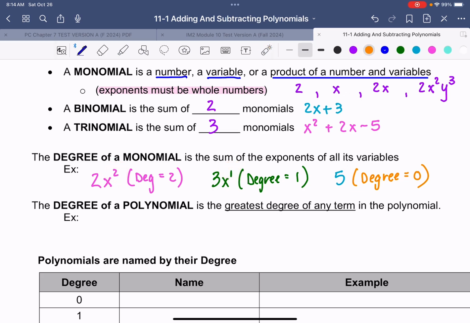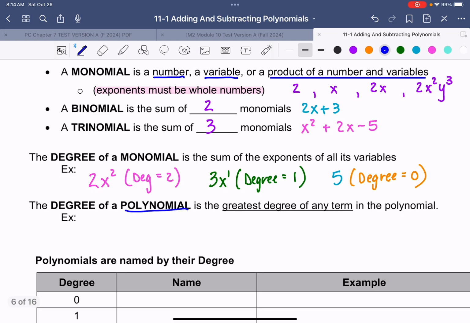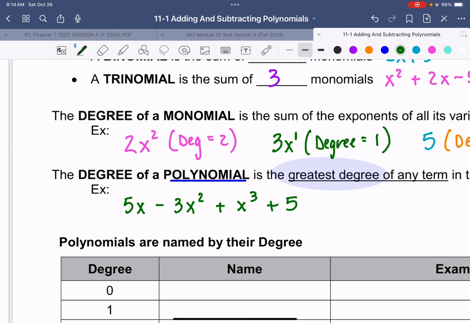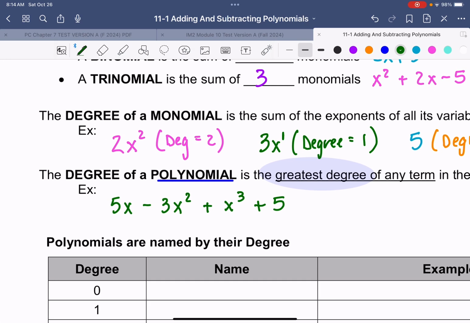Degrees of polynomials, you have to look at each of the terms and just take the greatest degree of those. Okay, so meaning if I have 5x minus 3x squared plus x cubed plus 5. Okay, so we have 4 terms.